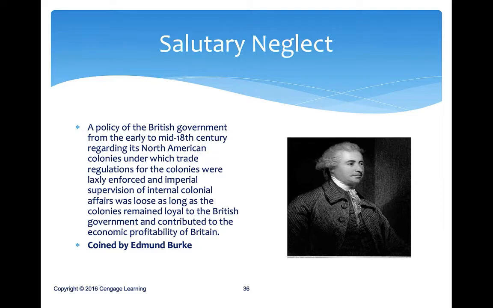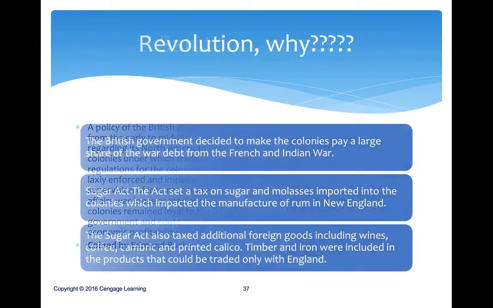So there was kind of a healthy neglect, and this was coined by Sir Edmund Burke. And then we started to see a pattern of revolution here. In order for the British government to pay off the debt from the French and Indian War, they started enacting taxes on the colonists, which really upset the colonists because they didn't have any representation in government.